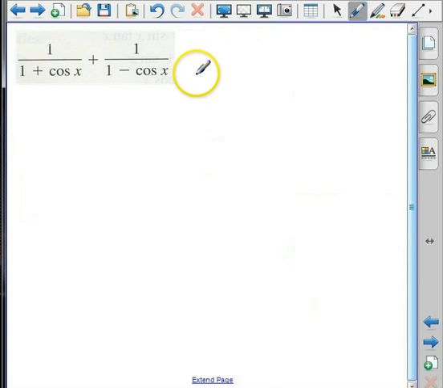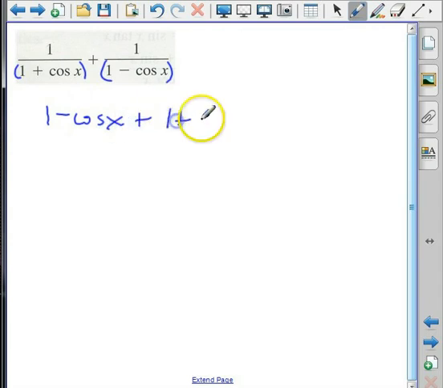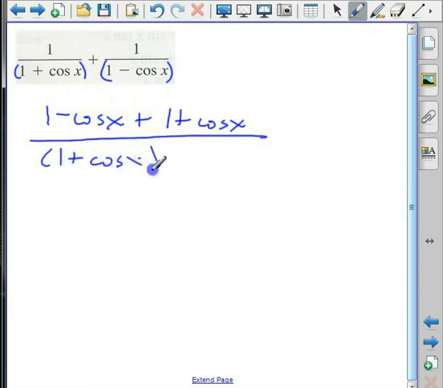I've got one more here. About the only thing you can do right here is get a common denominator. So I'm going to multiply this one by 1 minus cosine x. I'm going to multiply this one by 1 plus cosine x. And I'll have the whole thing over this times that. So here we go. 1 minus cosine x plus 1 plus cosine x over 1 plus cosine x times 1 minus cosine x.